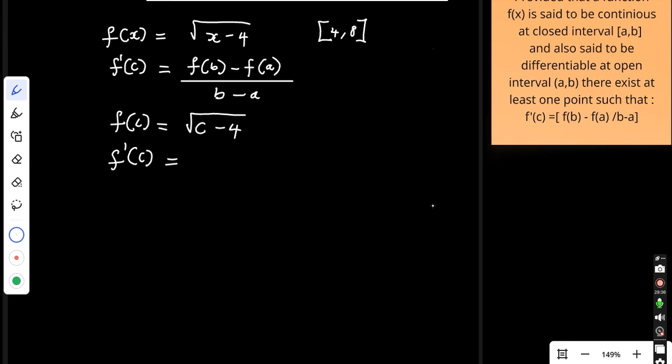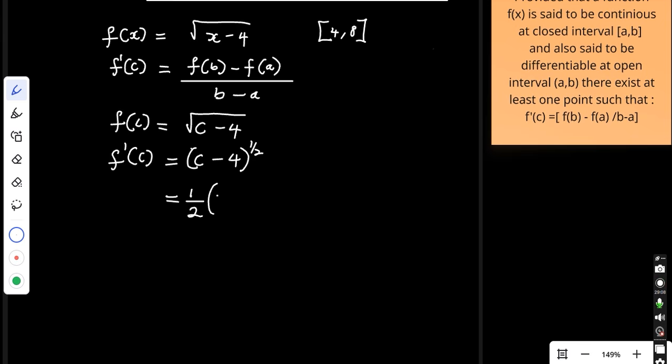First of all, we're going to be using chain rule, but I'm going to be teaching you a shortcut in doing this. The first step is to write this from radical form into this form. So this is going to be c minus 4 to the power of 1 over 2, to the power of half. With my shortcut, the first step is always to drop down the power, which is half. Then the next step is to differentiate the argument, that is what is in the bracket.